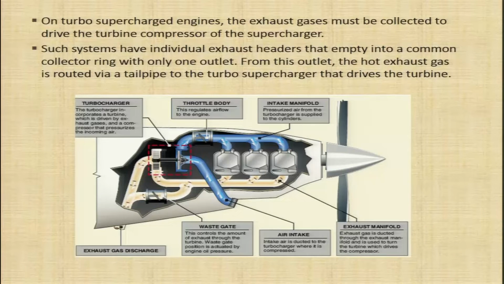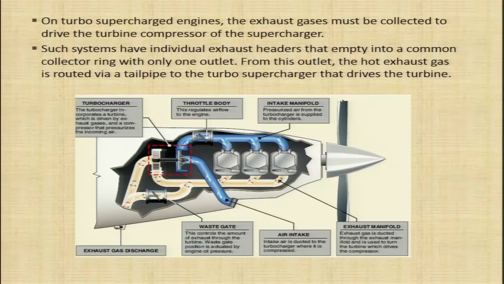Such systems have individual exhaust headers that empty into a common collector ring with only one outlet. From this outlet, the hot exhaust gas is routed via a pipe to the turbo supercharger that drives the turbine.